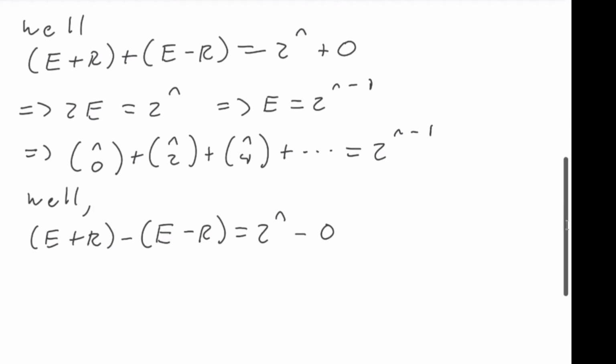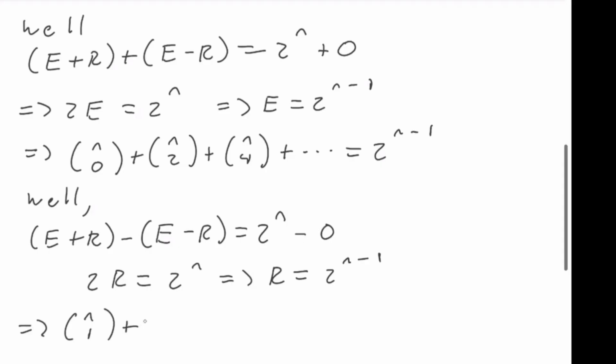Well, e minus e is 0, and r minus negative r is 2r. And of course, 2 to the n minus 0 is 2 to the n. And this gives me r is equal to 2 to the n minus 1. So I got that n choose 1 plus n choose 3 plus n choose 5 plus dot dot dot was equal to 2 to the n minus 1.